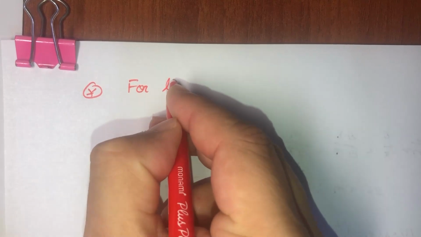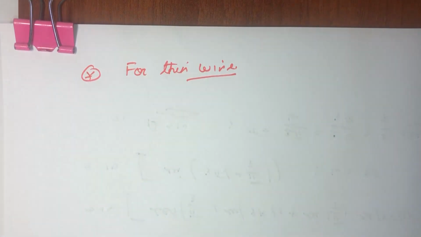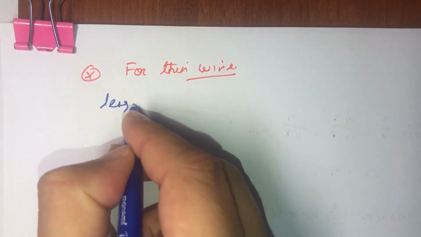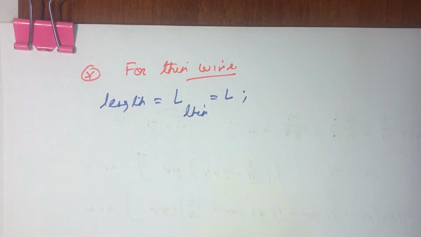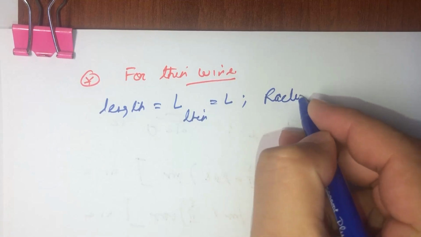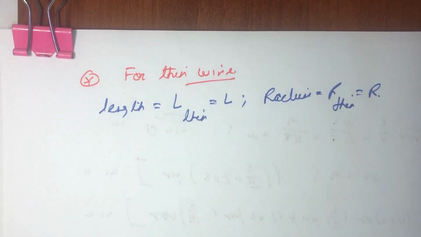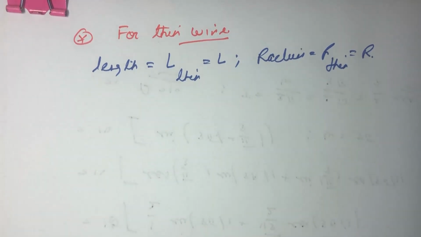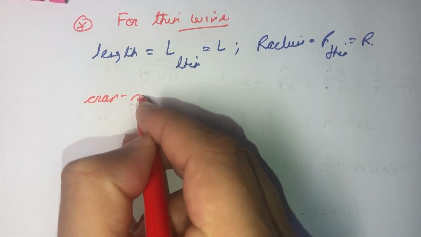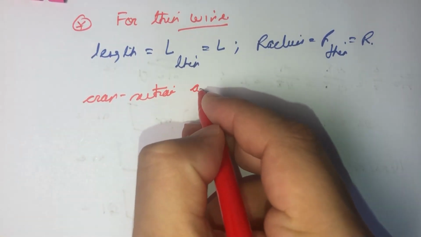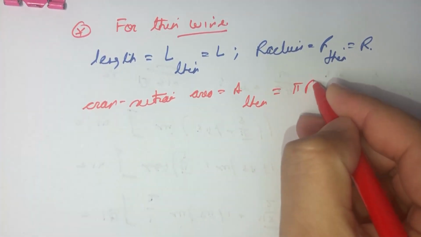For thin wire, length, which is suppose L thin, is given as capital L. Radius, suppose R thin, is given as R. Cross section area, let us suppose, is taken as A thin, which will be equal to pi r square.